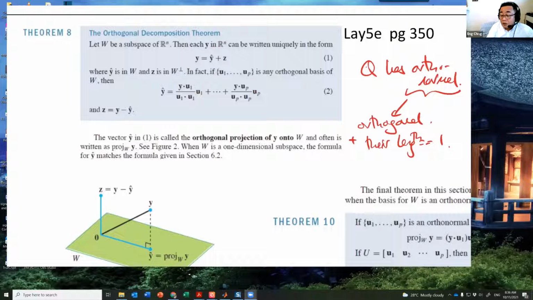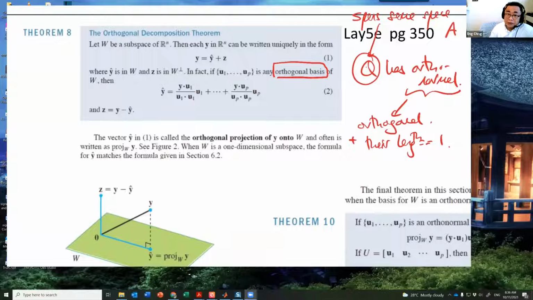Of course, if they are orthonormal, they are also orthogonal. We say that Q, remember, spans the same column space as A. So if they span the same column space of A, they are also a basis.